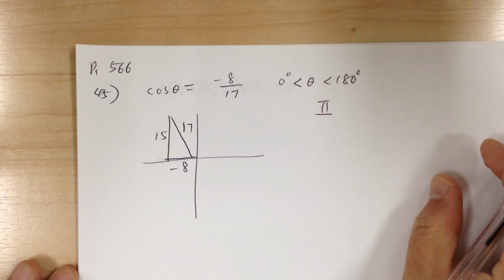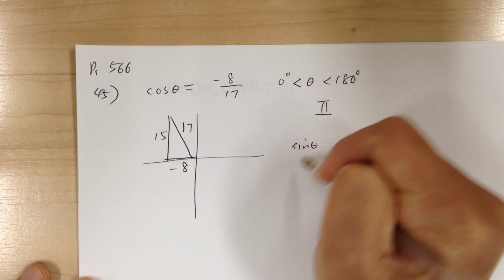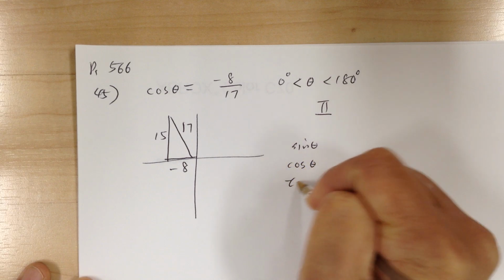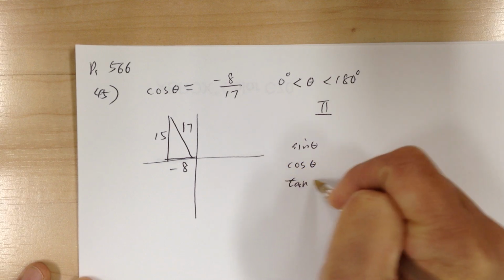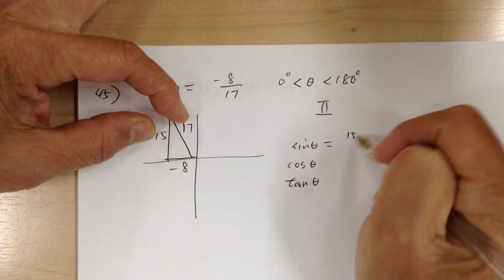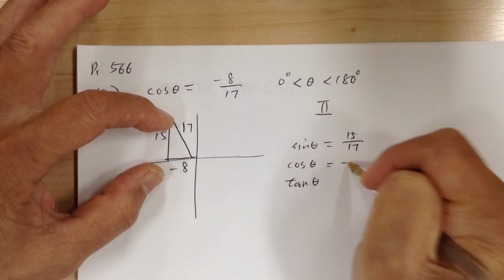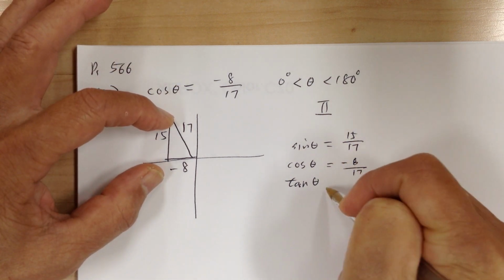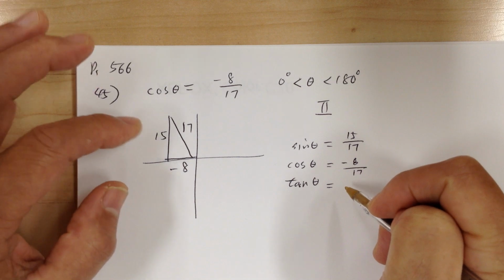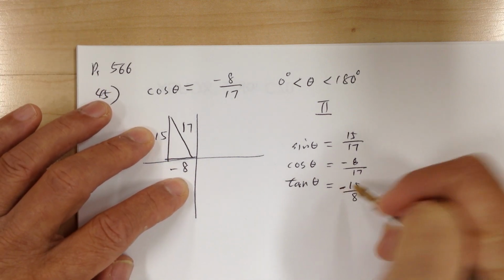So now you have to do the other 5. Let's just do all 6. So you've got sine, cosine, tangent. Sine is this over here, so it would be 15 over 17. Cosine is already given, negative 8 over 17. And tangent is sine over cosine, so it would be 15 over negative 8. I'm going to put the negative on top.